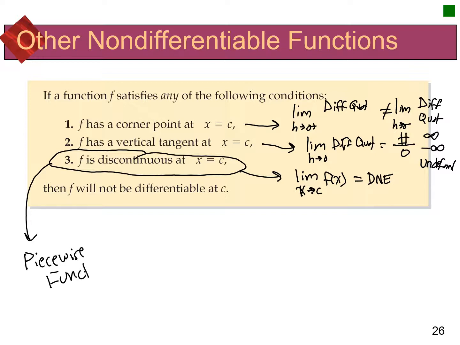It's really the only time that you have to do that. Now remember, things that have corner points are piecewise functions, but I can clearly see at that point it has a corner point if I was looking at a graph. Whereas if I'm looking at just a piecewise function without a graph of it, I may not know there's a corner point there. So I have to keep that in mind as I try to evaluate this.